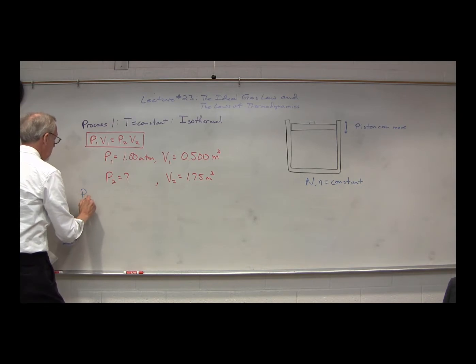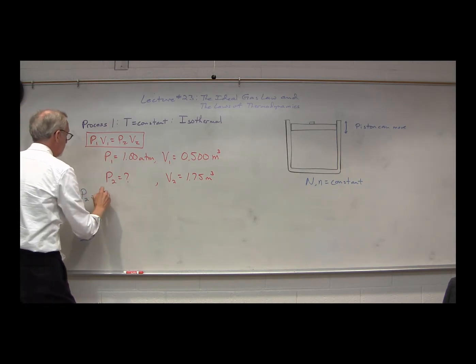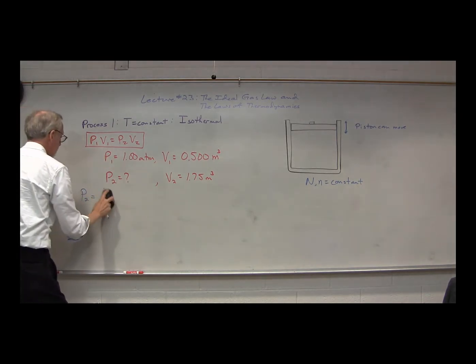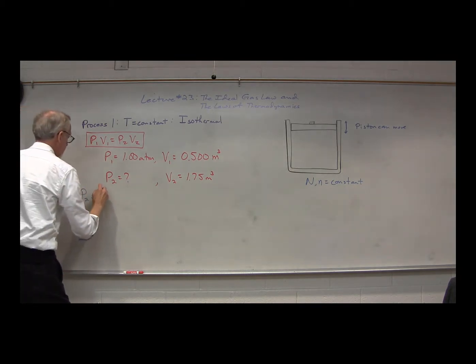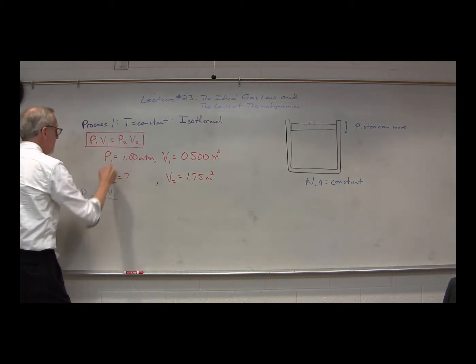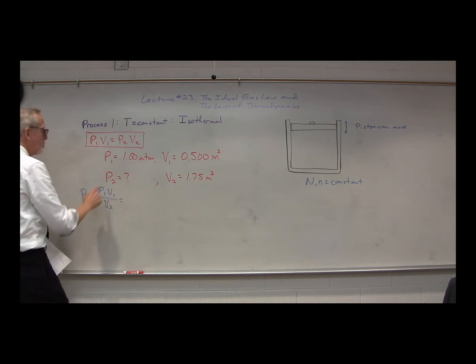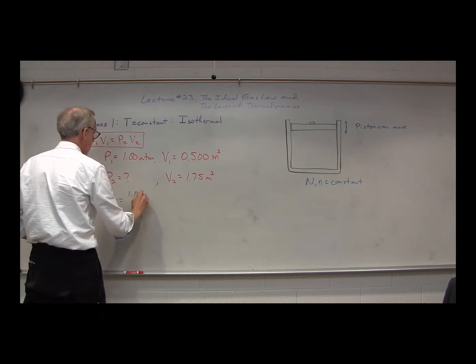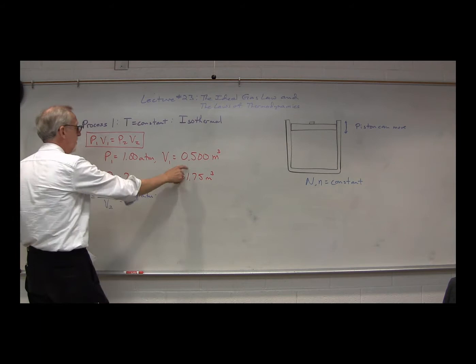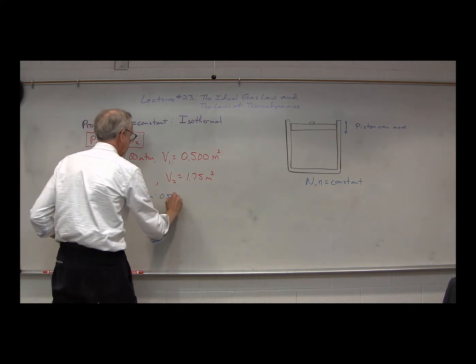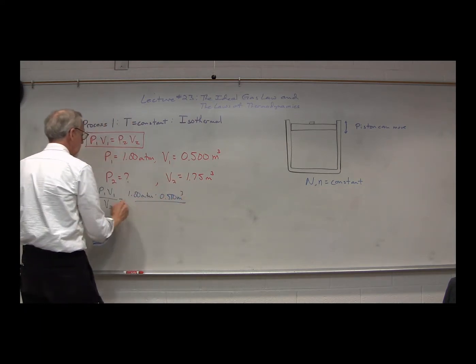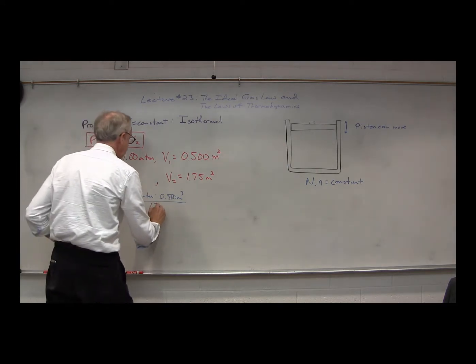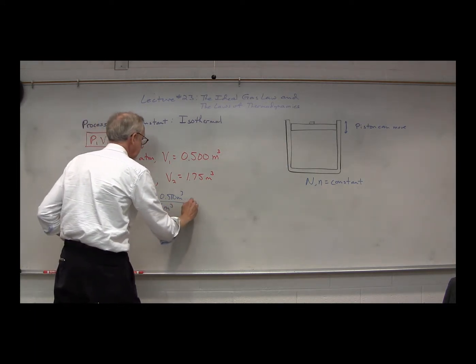P2 will be equal to P1 V1 divided by V2, which will be 1 atmosphere times V1, 0.500 cubic meters, divided by V2, which is 1.75 cubic meters.